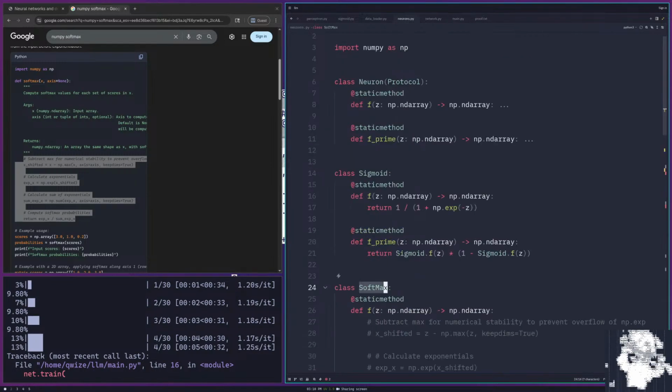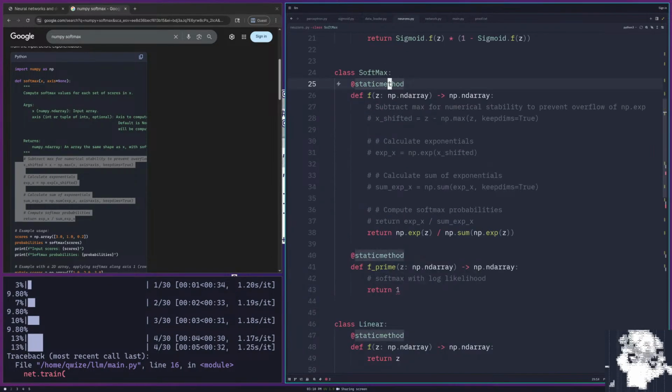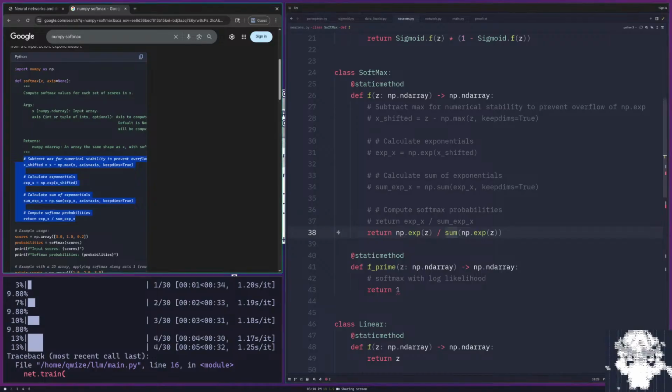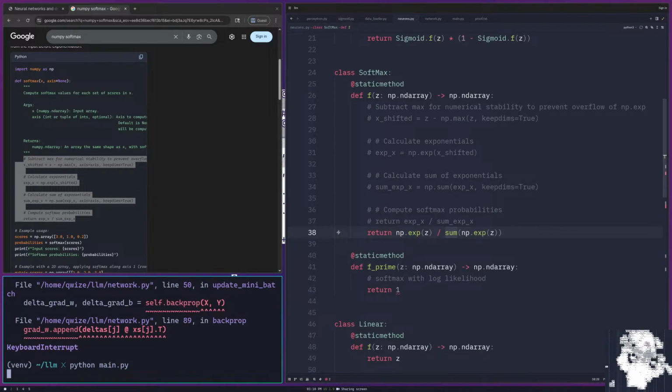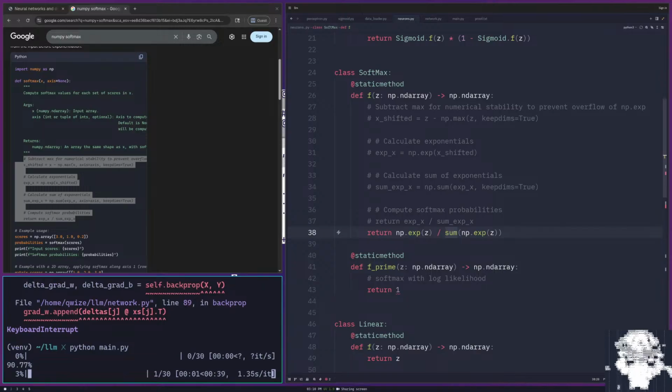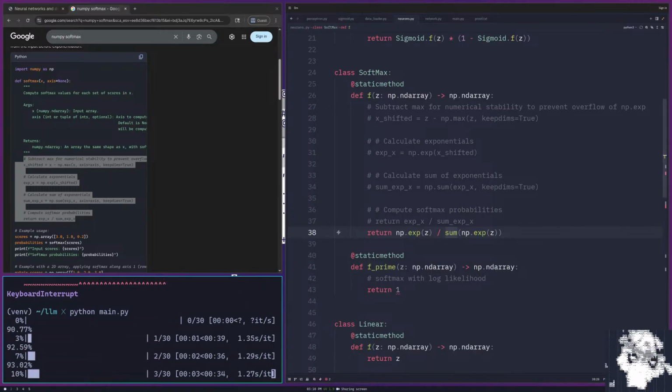What have I changed? I did change to NumPy sum instead of Python sum. Could that be an issue? It is an issue. Wow, interesting.